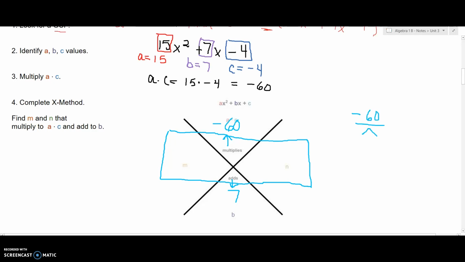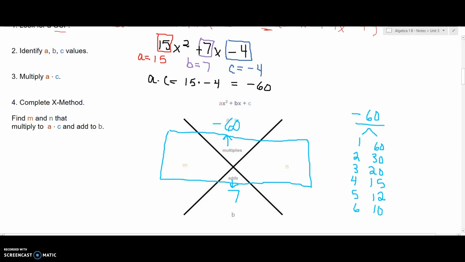So negative 60, if we were just doing positive 60, we could list our factors: 1 and 60, 2 and 30, 3 and 20. Remember, these factors are just factors that multiply to get 60. 5 and 12, and 6 and 10.